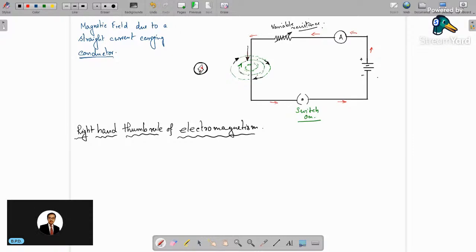Now to understand that, we have to first go to the particular, just change the presentation first, then I am showing you. Is it visible?